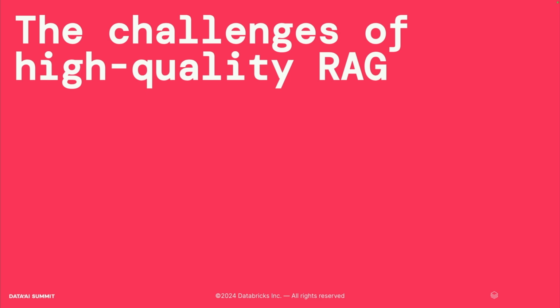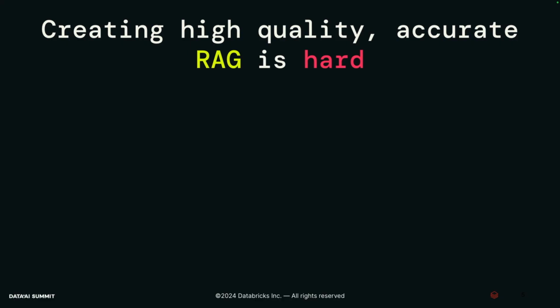So let's start. What are the challenges of building high-quality RAG? Just to state it plainly, creating high-quality, accurate RAG is hard. Why is this the case? Firstly, it's difficult to measure and evaluate accuracy. If you think about a RAG application, it can be inherently difficult to figure out what the right answer is.